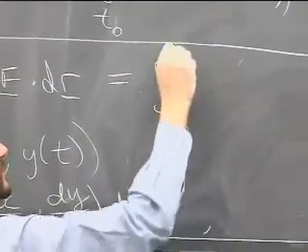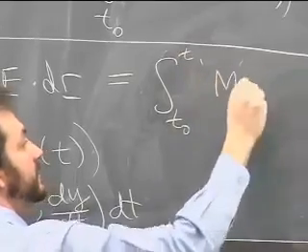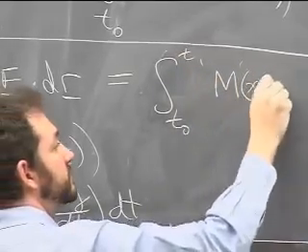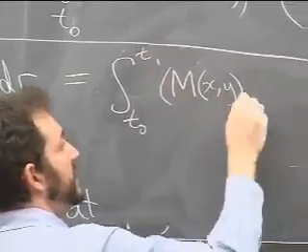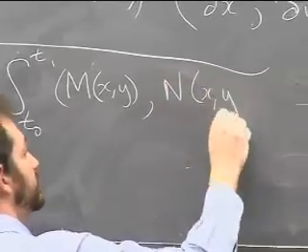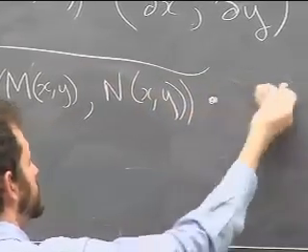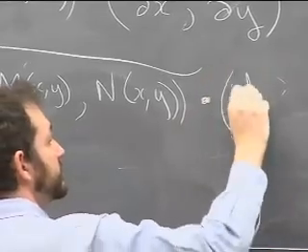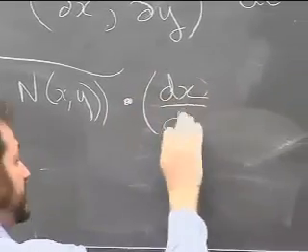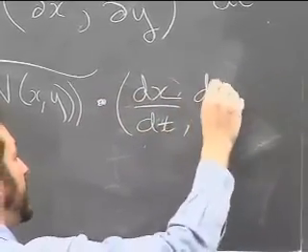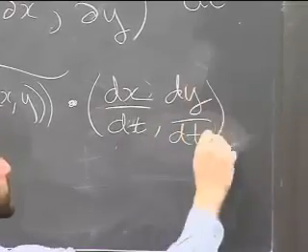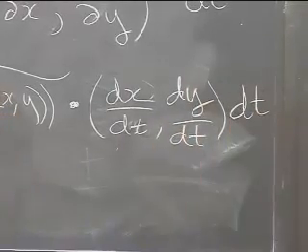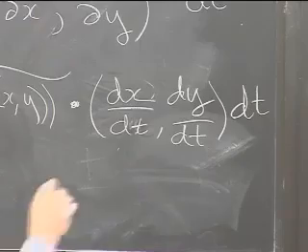from t0 to t1, of m of xy, comma, n of xy, dot dr, which is dx dt, dy dt, dt. Now, suppose that we kind of cancel out the dt's.